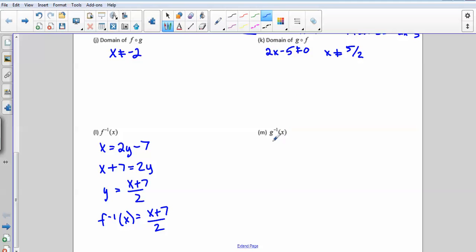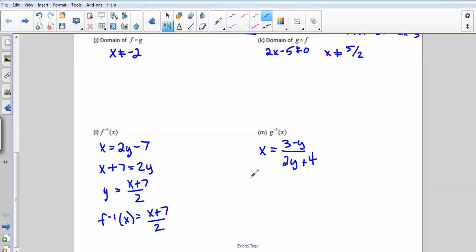To find the inverse of g, it's a little bit more complicated because it's a rational function. You still start by switching the x and y. So I have x equals 3 minus y over 2y plus 4. I'm going to multiply both sides by 2y plus 4 to get it out of the denominator. So essentially, I'm multiplying 2y plus 4 times the x, and that x distributes to each term.